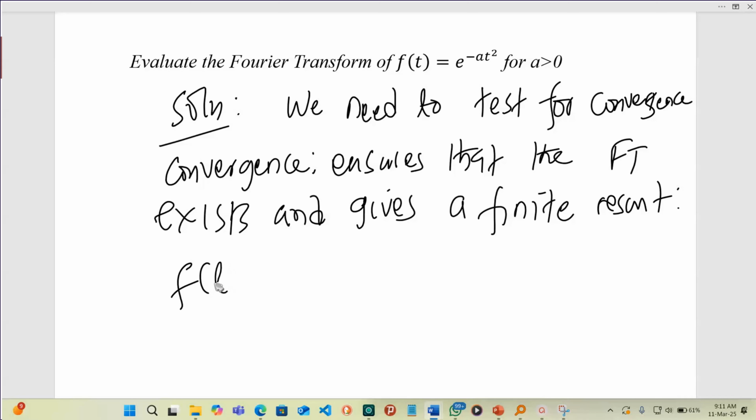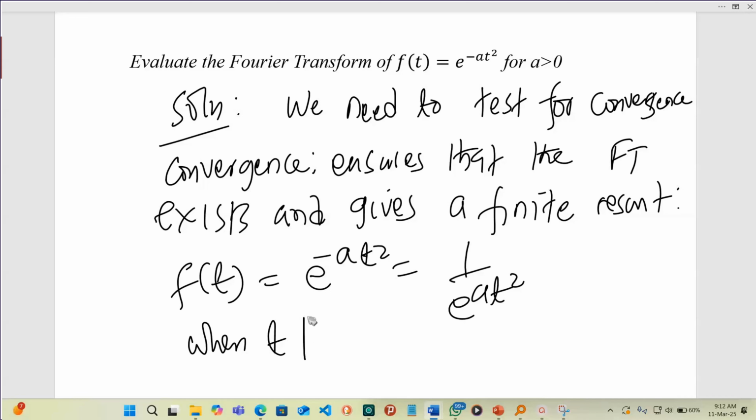So we have f of t equivalent to exponential negative a t squared. This is the same as 1 out of exponential a t squared. Now, what happens when t increases? When t increases, exponential of a t squared also increases, and when that happens, f of t decreases.